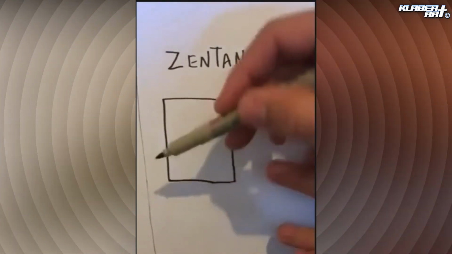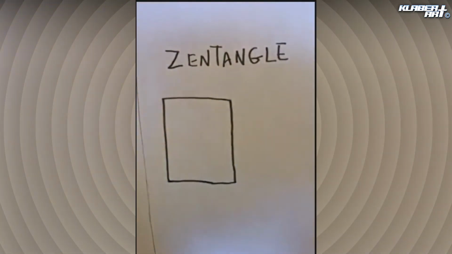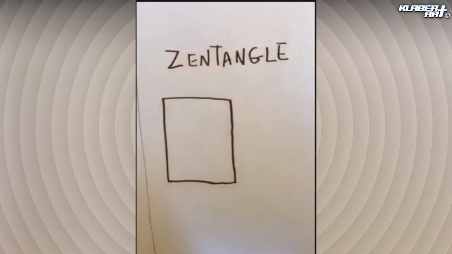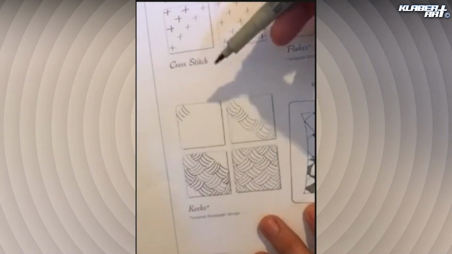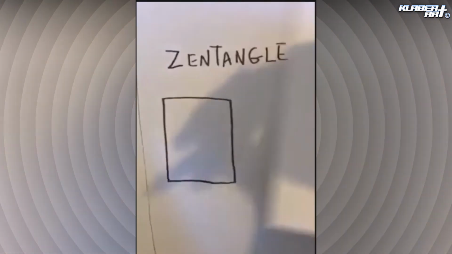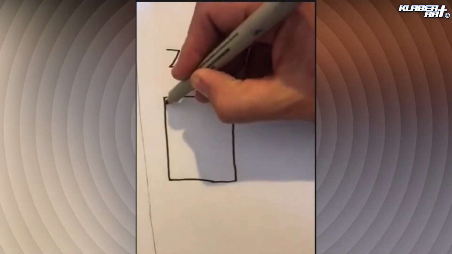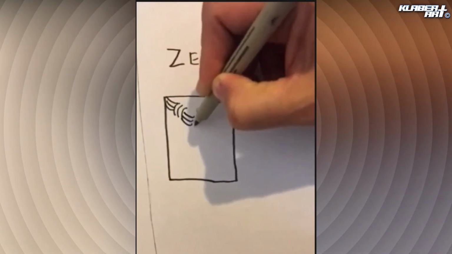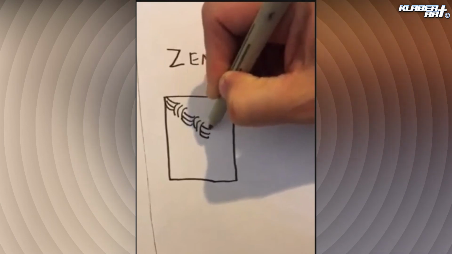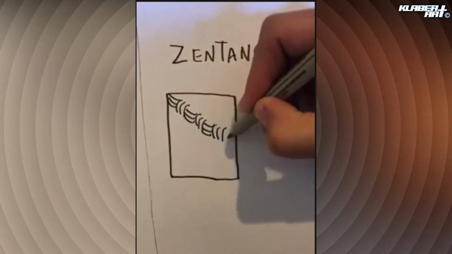So looking at my reference sheets here, I noticed one that I'd like to try that is called Keiko. So all you need to do is get your reference sheet and replicate it. So I'm looking at Keiko here. In my box, I'm going to do the same thing that it does, which is basically repeating horizontal and vertical lines.